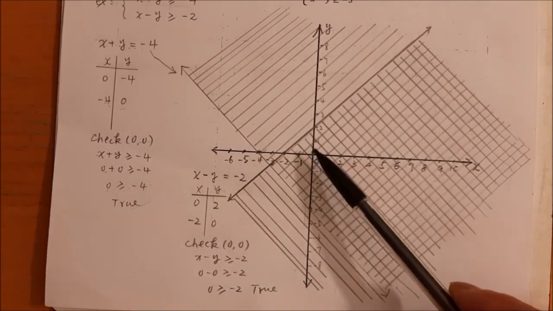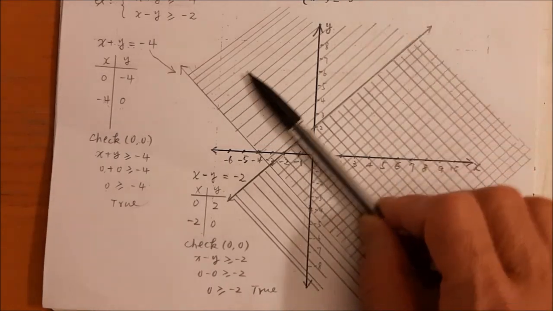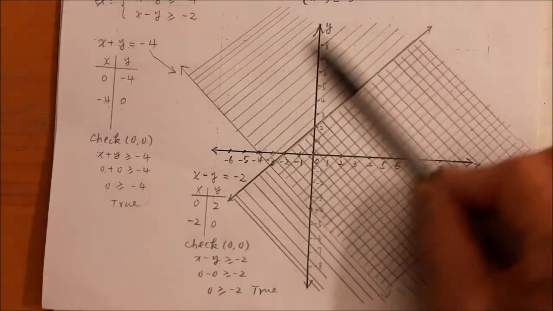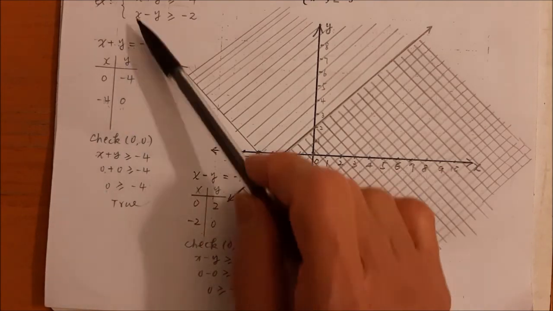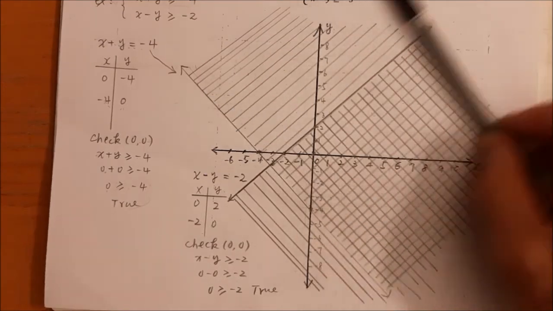And the other points on this side are also true. You can try it. You plug in, it's greater than -4. So this side is x plus y greater than -4. The other half plane is x plus y less than -4. So you shade this side.